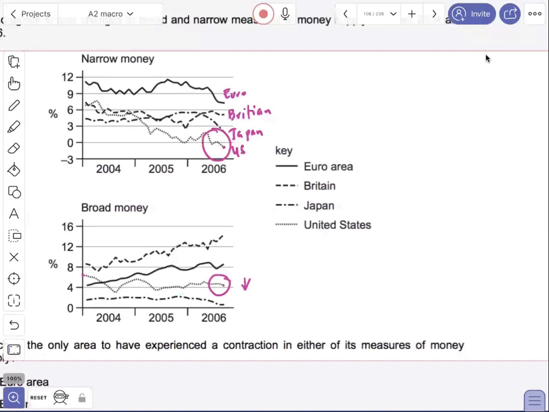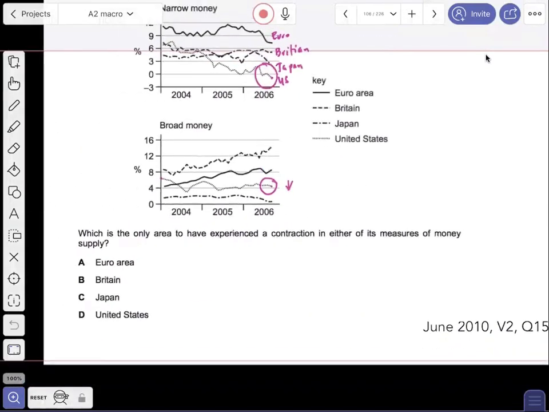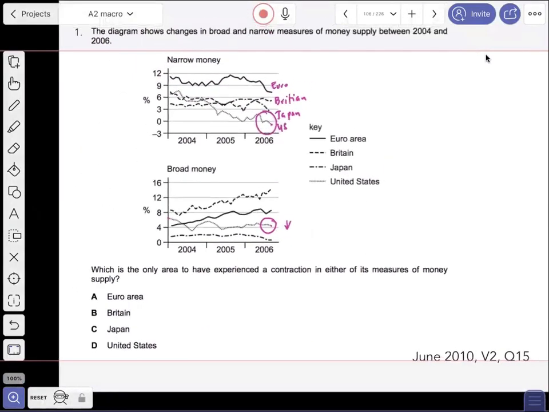So both narrow and broad money are going down. The answer will be US in this case, where both graphs show a decline.